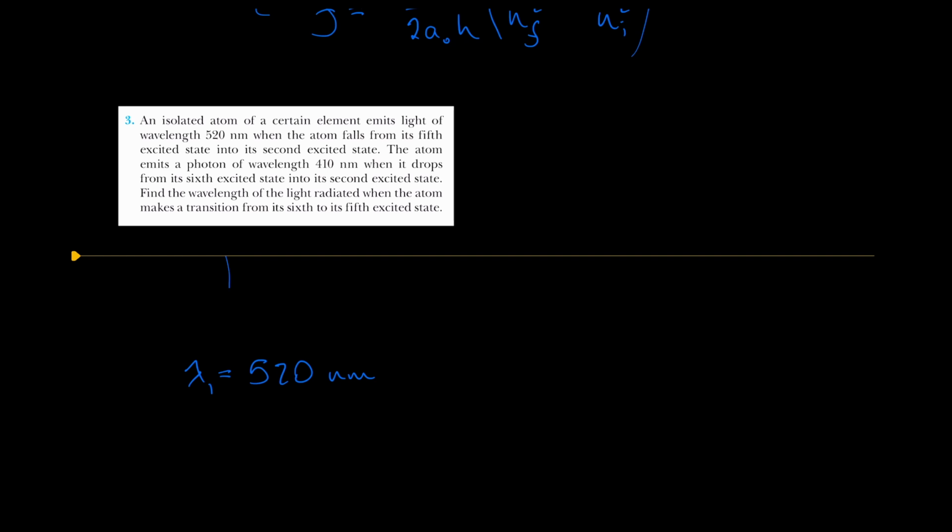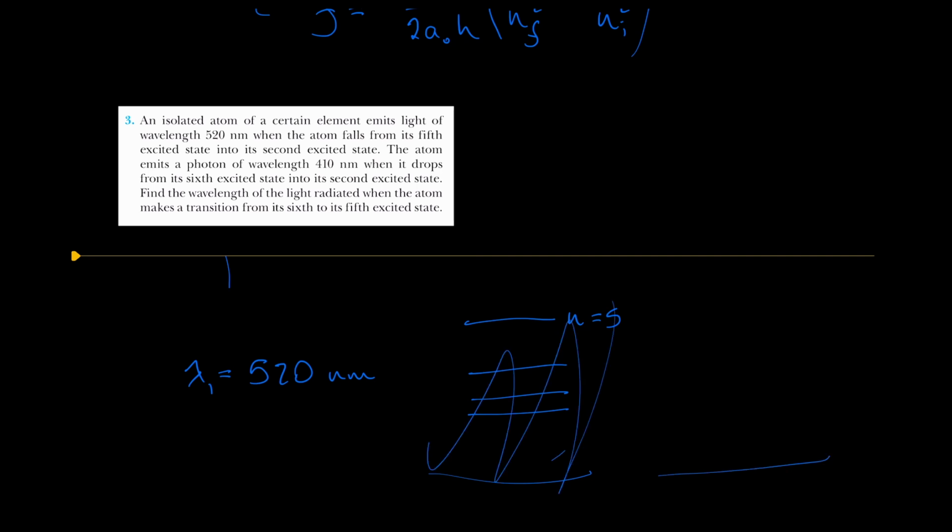When the atom falls from its 5th excited state to the 2nd excited state. So let's say here n equals 5. This is 4. This is 3. This is 2. Actually, they're bigger as they get closer down, so maybe this is a bad picture. Maybe we start with 1, 2, 3, 4, 5. So this is n equals 5. This is 4, 3, 2, 1.